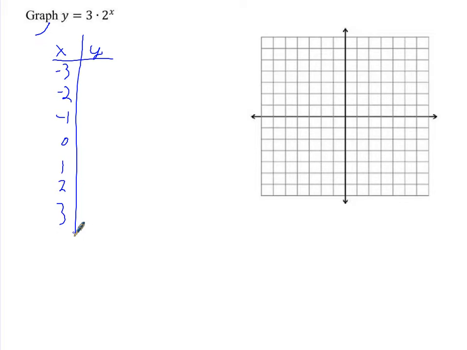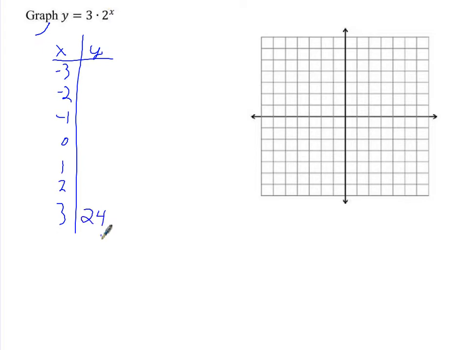So let's take care of the easy ones first. Probably 3 is easy. I'm going to work backwards on this table. If I plug 3 in right here, then I have what? 3 times 2 to the 3rd power. What do I have to do first? Exponents come before multiplication. So I have 2 to the 3rd power first, which is 8. And then times 3, which is, all right, 24.